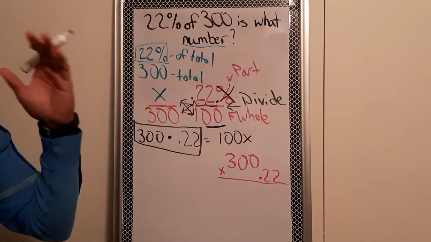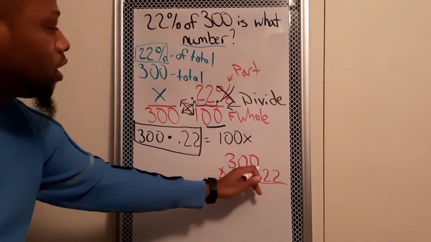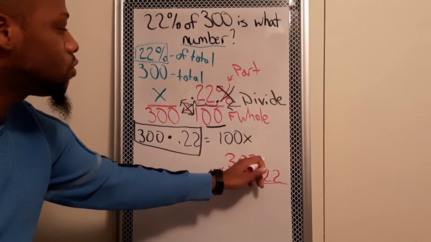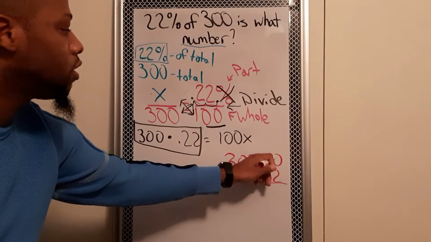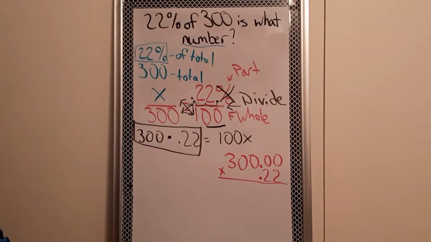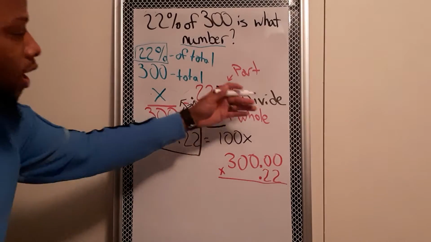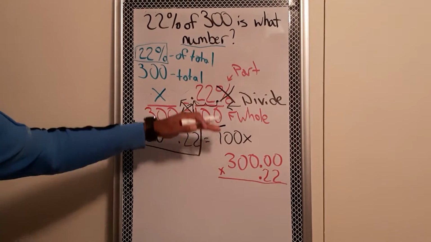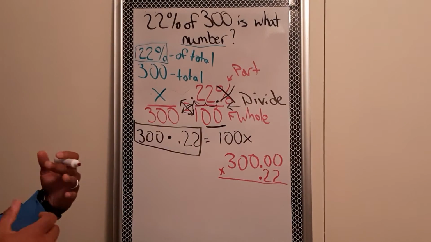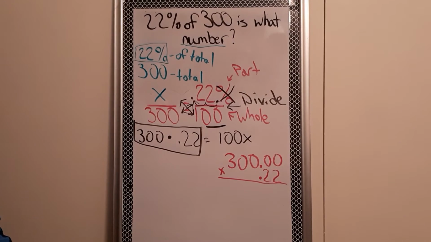And just so that I can visualize it and keep everything lined up, I'm going to add a decimal and 2 zeros here. This does not change the value of 300, but it allows me to keep everything aligned so that I can come out with the correct answer.